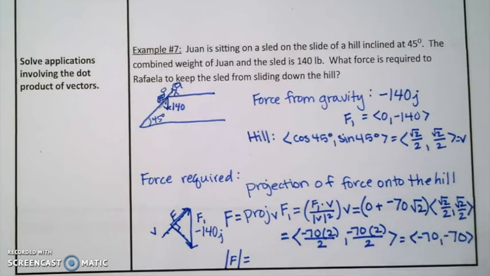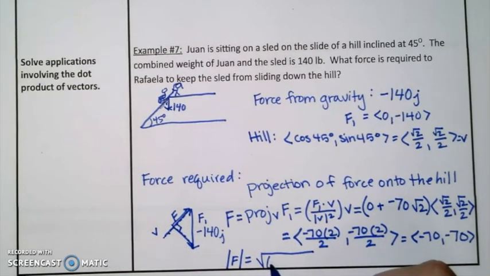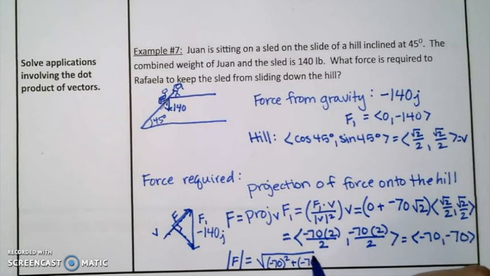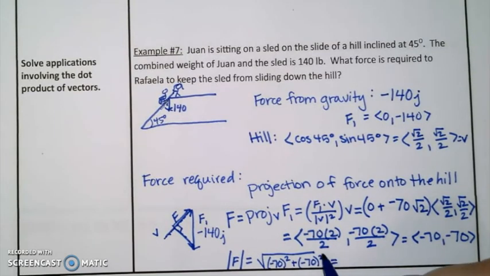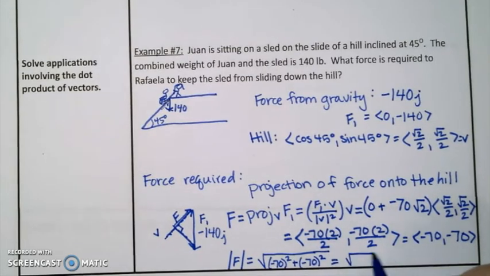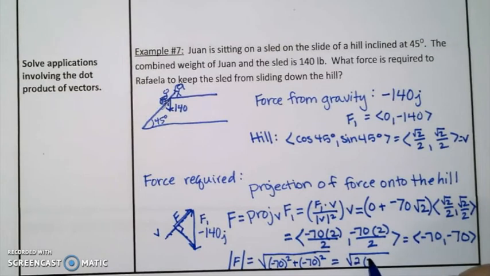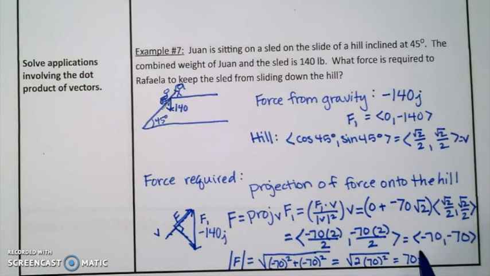And that equals the square root of -70 squared plus -70 squared, which equals, now a negative squared plus the same value squared, the square root of 2 times 70 squared, which is 70 times the square root of 2.